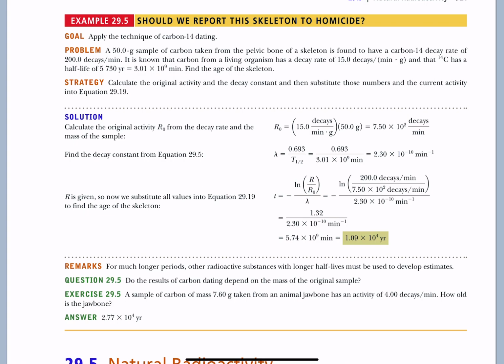Then the next thing we want to do in the second equation is, if we're going to be working in minutes, let's convert our decay constant into minutes. And then we can plug it into the equation on the previous page, and we can find out the age of this sample, which in this case would be a little over 10,000 years.